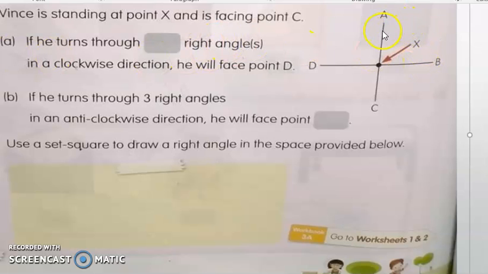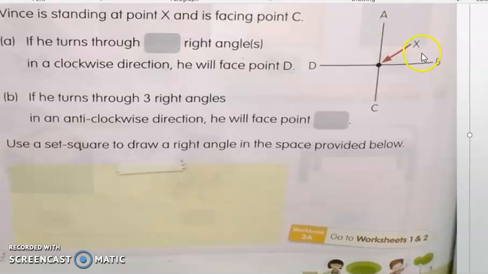So back to the position where he was before, standing at position X, facing C. Facing C means he is at point A. Now we have to do question B. If he turns from point A, you have to put your finger on point A, through 3 right angles in an anti-clockwise direction.